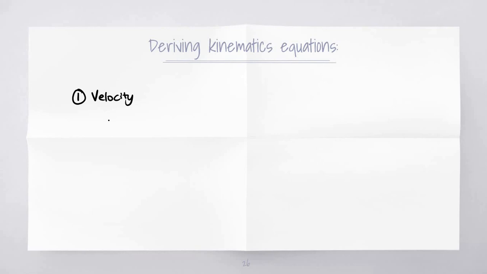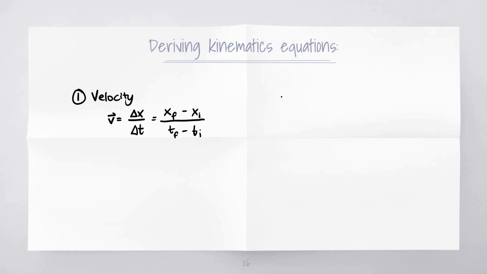So mathematically, velocity is equal to delta x over delta t, where delta x is the change in position x, which means final position x minus initial position x, all over final time minus initial time. And that's our first kinematic equation.